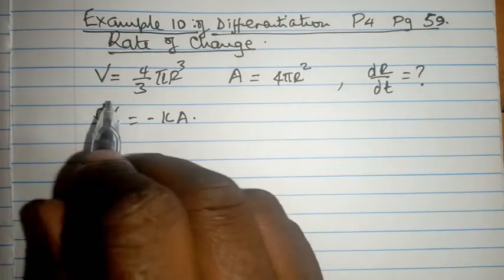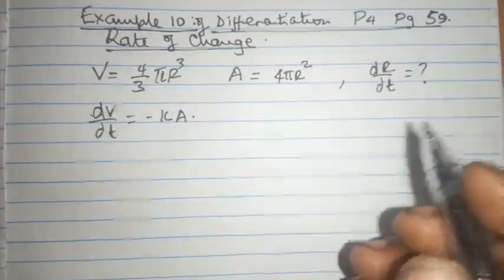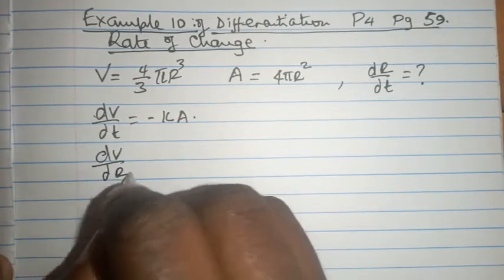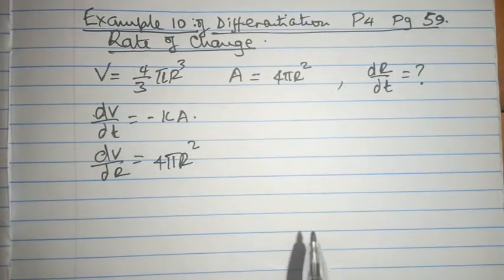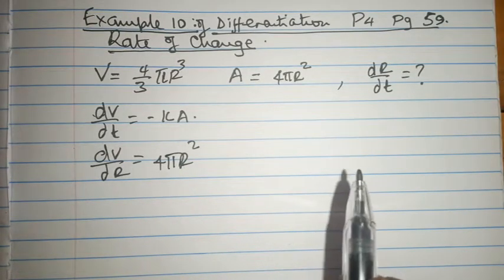So with V equal to 4 over 3 pi r cubed, we must now talk about dV/dr, which is 4 pi r squared.